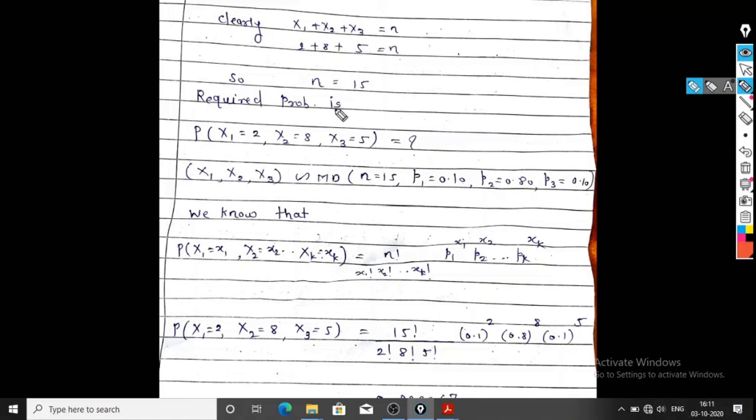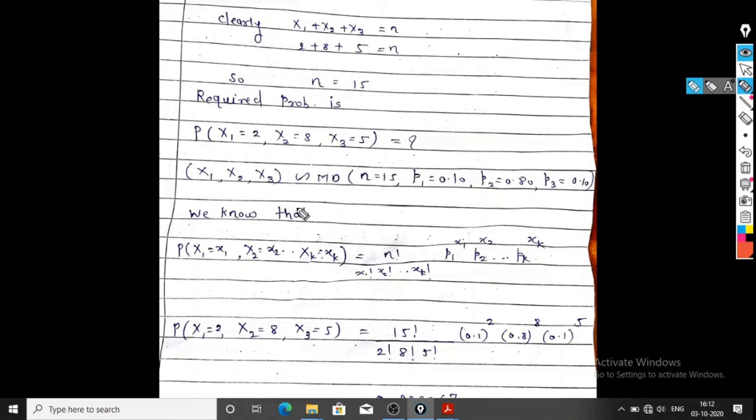So the required probability is the probability that x1 is equal to 2, x2 is equal to 8 and x3 is equal to 5. x1, x2, x3 follow a multinomial distribution with parameters n equal to 15, p1 equal to 0.10, p2 equal to 0.80 and p3 equal to 0.10.